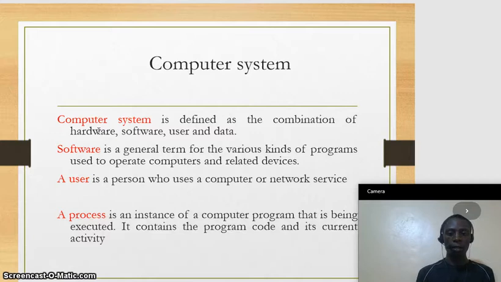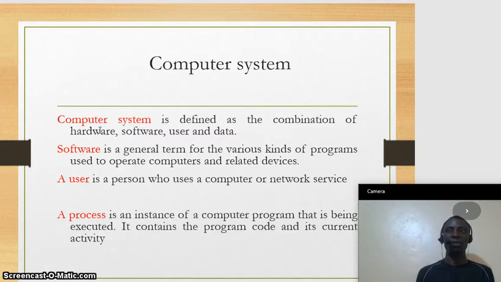The software itself is a general term for the various kinds of programs used to operate computers and related devices. So a software is a program, for it helps the hardware to perform tasks.